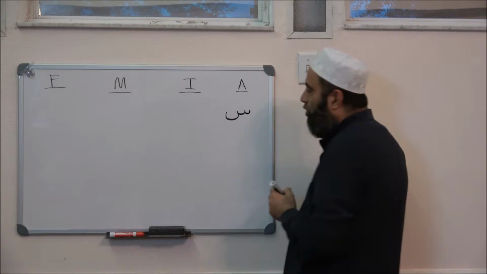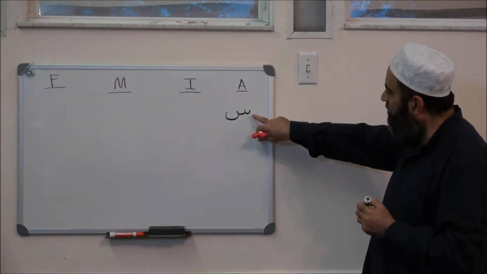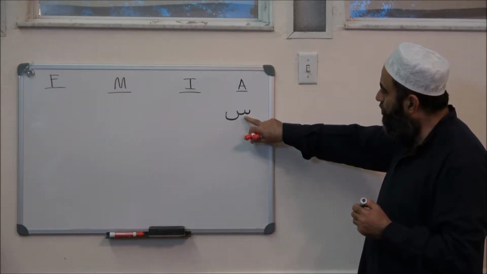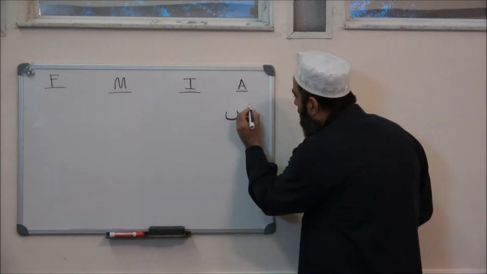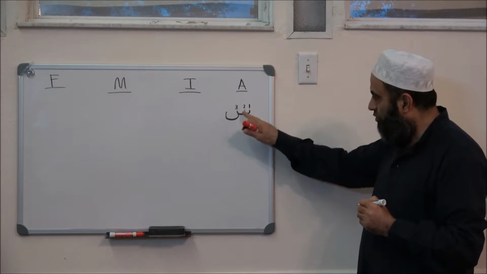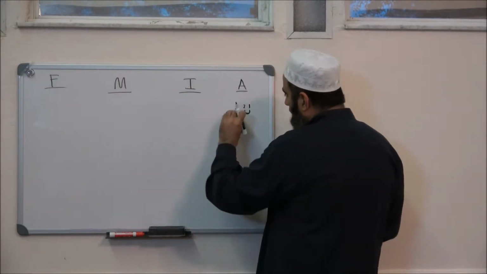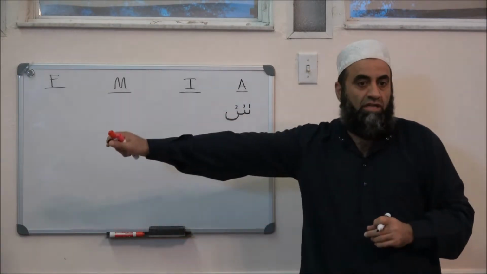Here's my standalone sa. You can notice it has how many teeth? 1, 2, and here's the third one. When I make it initial, I'm going to extend this part so the letter can connect from this side.